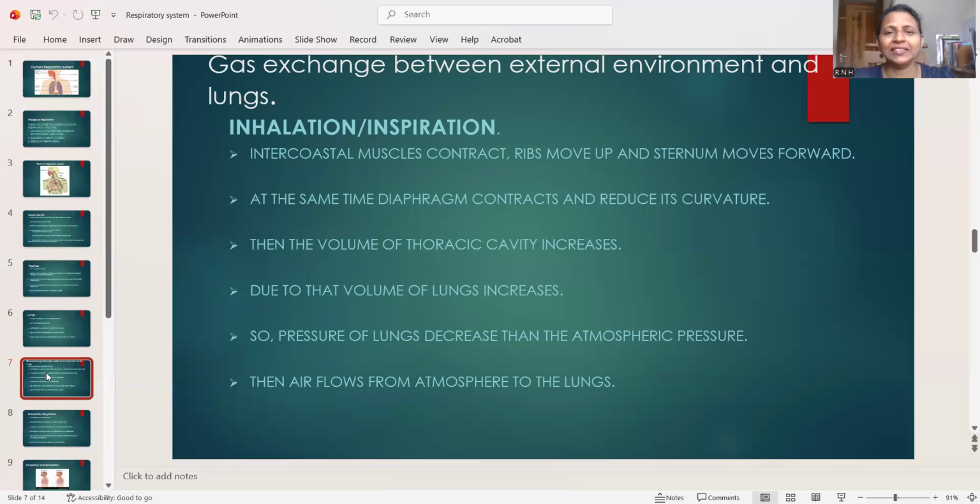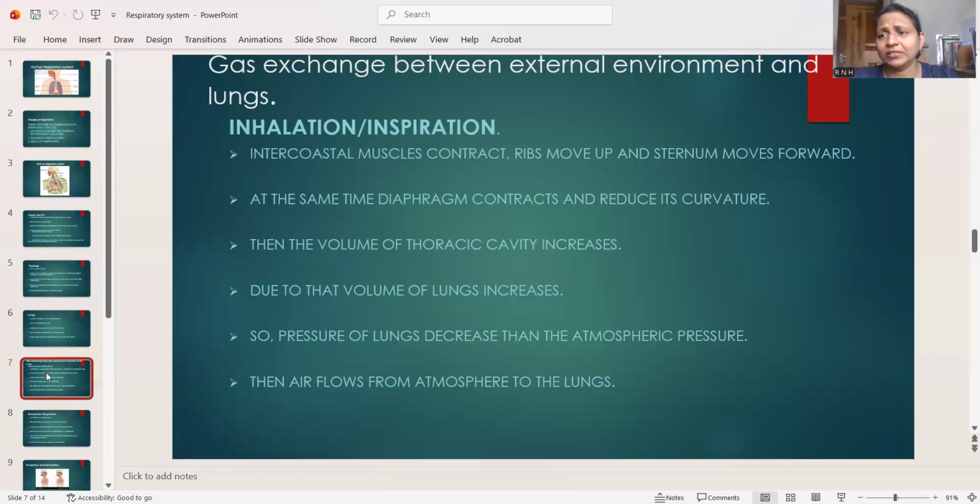In that, the intercostal muscles between the ribs contract. Due to that, the ribs move up and the sternum moves forward. At the same time, the diaphragm muscles contract and reduce the curvature of the diaphragm. Due to that, the volume of the thoracic cavity increases.